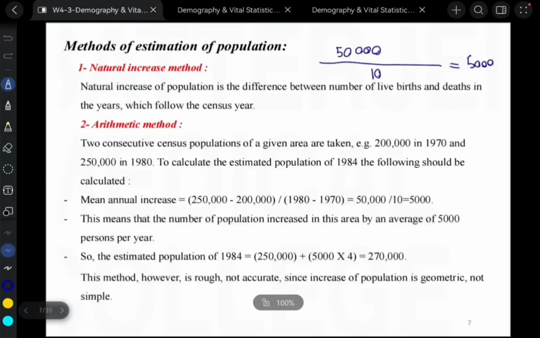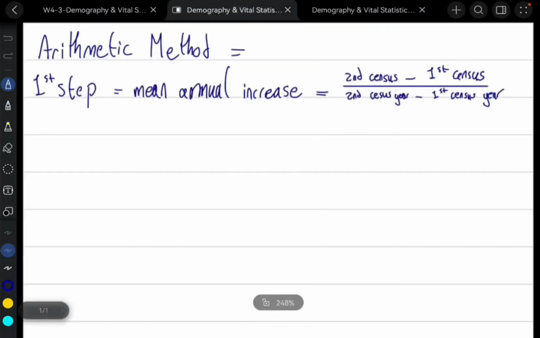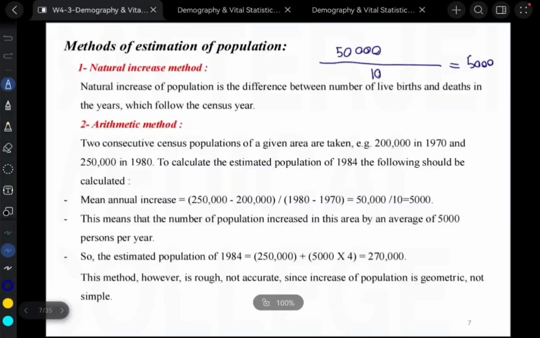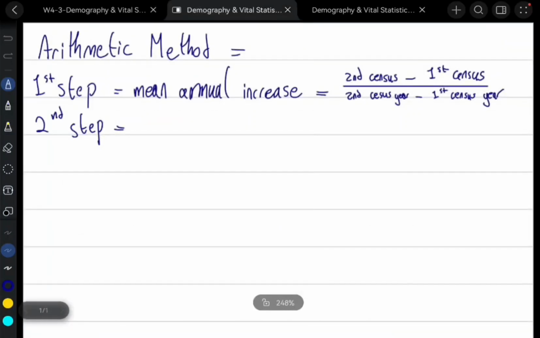Okay? And then second step, sorry, second step, estimated, what is it called? Estimated population.